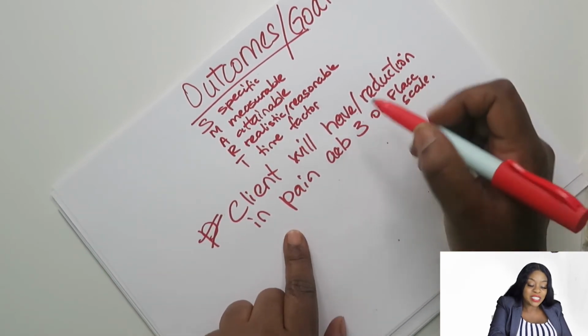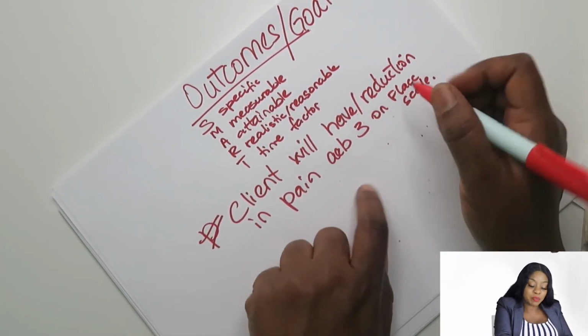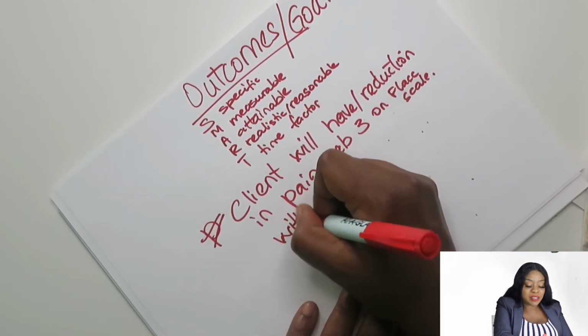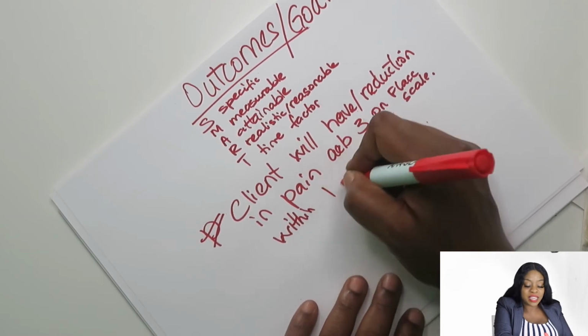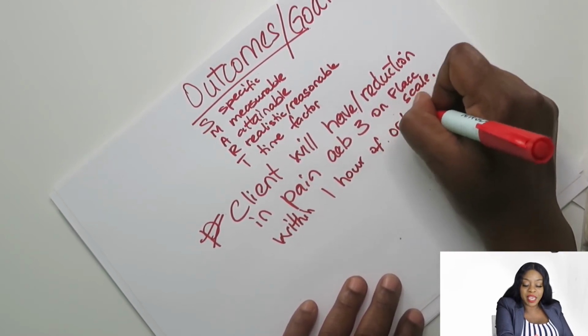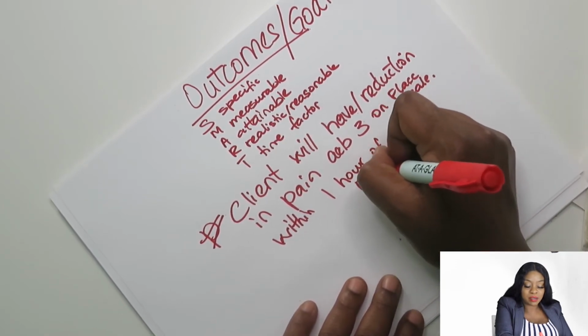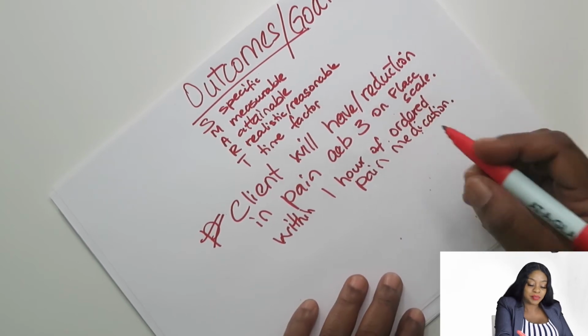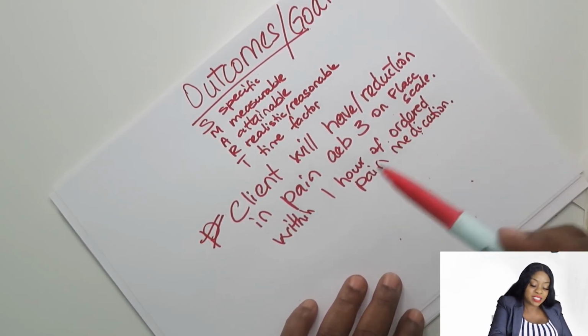So the client will experience a reduction in pain as evidenced by a 3 on the FLACC scale, and we could say something like within an hour of ordered pain medication. And I hope you're able to read this.